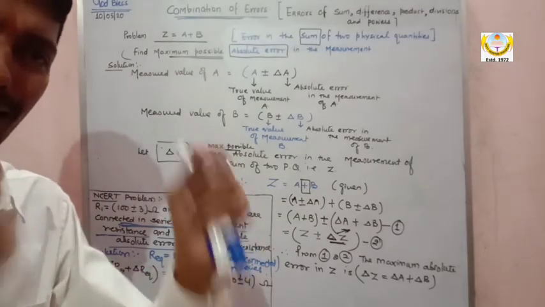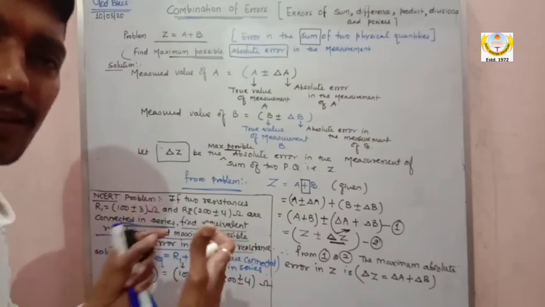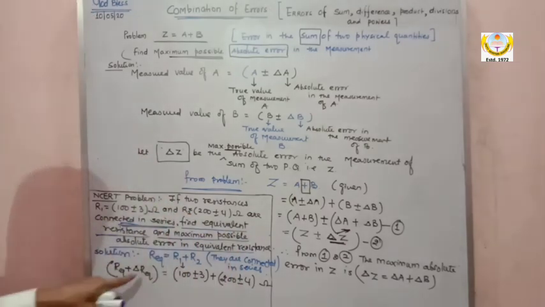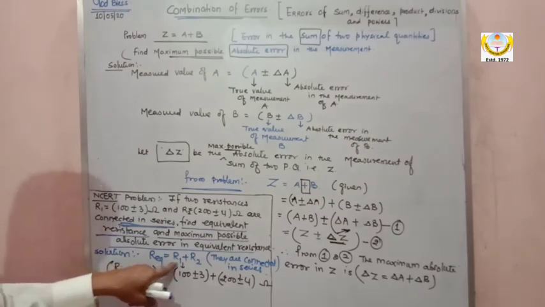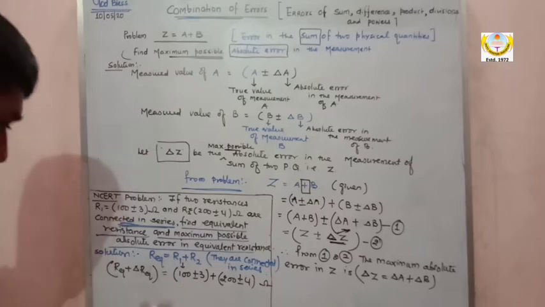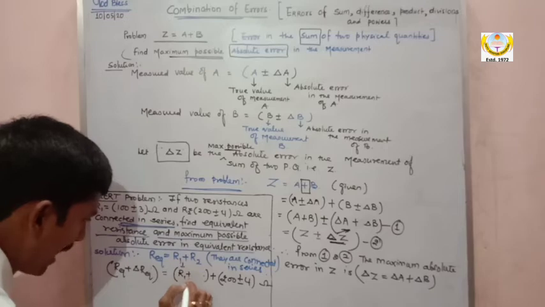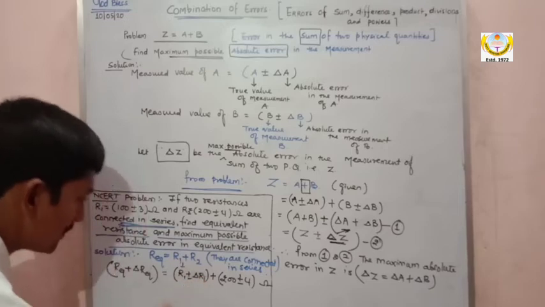That is the formula, because they are in series, showing that we are adding the two quantities. As I said, this 100 is the true value, so I can write R1 plus minus delta R1.